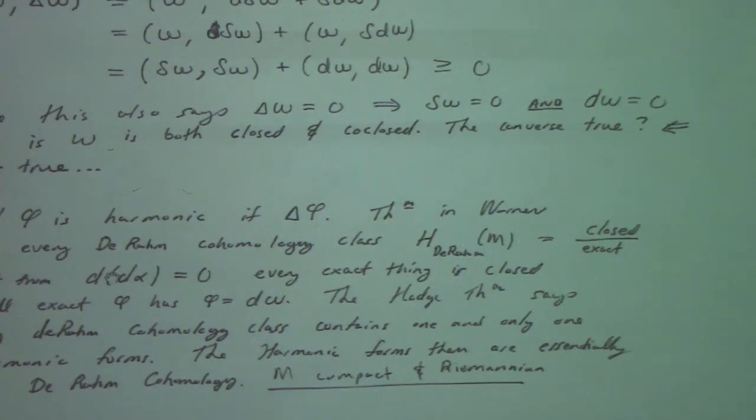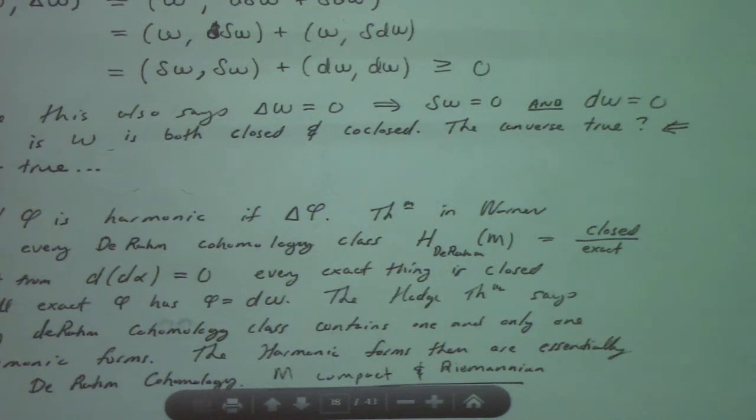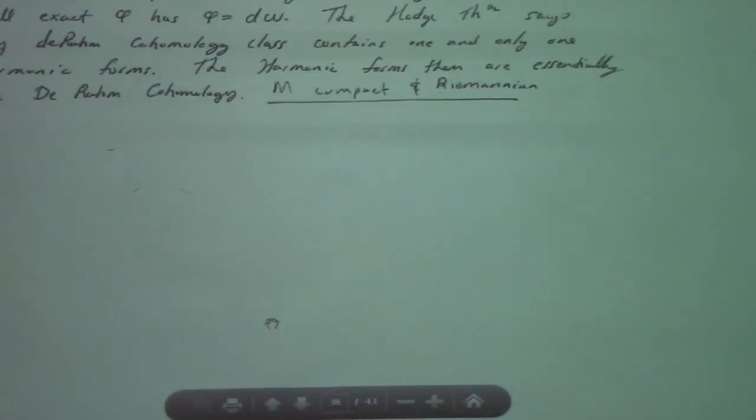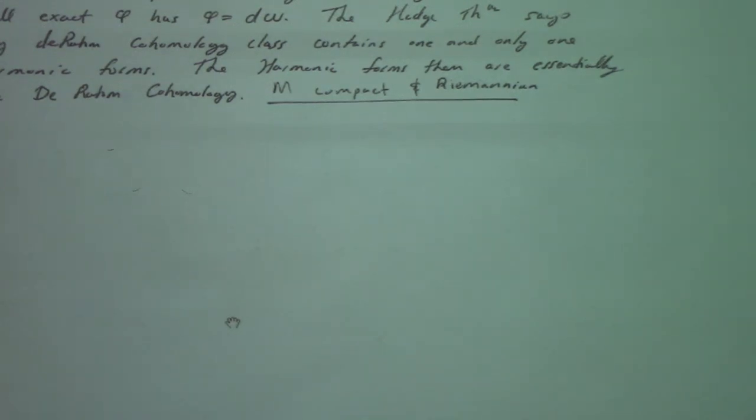The exact, d alpha 0, every exact thing is closed. Recall exact phi is that. The Hodge theorem says that every de Rham cohomology class contains one and only one harmonic form. Then the harmonic forms then are essentially the de Rham cohomology for M compact and Riemannian. Anyway, note to yourself, study de Rham cohomology when you get a chance, because it's neat.